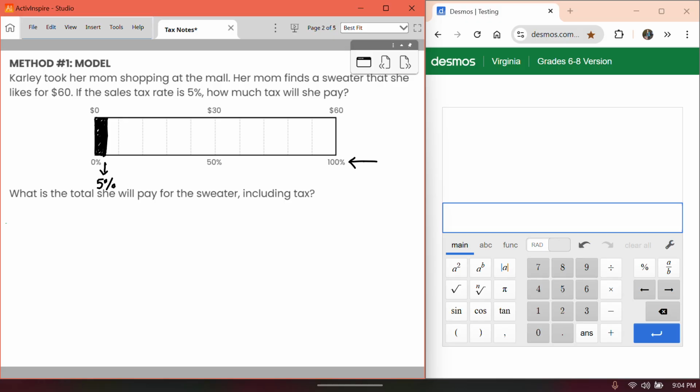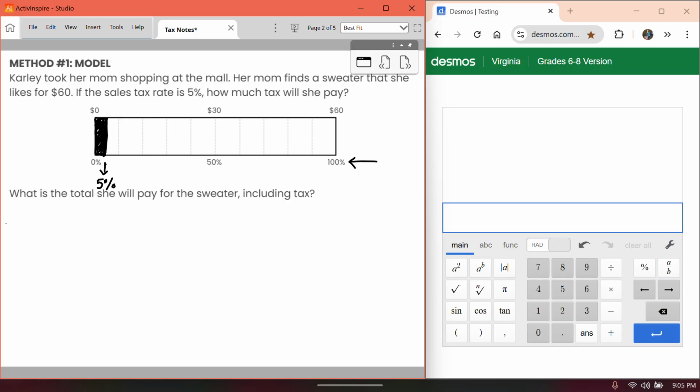But for that to tell us anything, we have to know a dollar amount that corresponds to it. So 100% of the sweater was $60. That's the entire price. 50% of the sweater is $30. That's already marked on the bar model for us, and half of 60 is 30. So that makes sense. But I don't know how much 5% is.